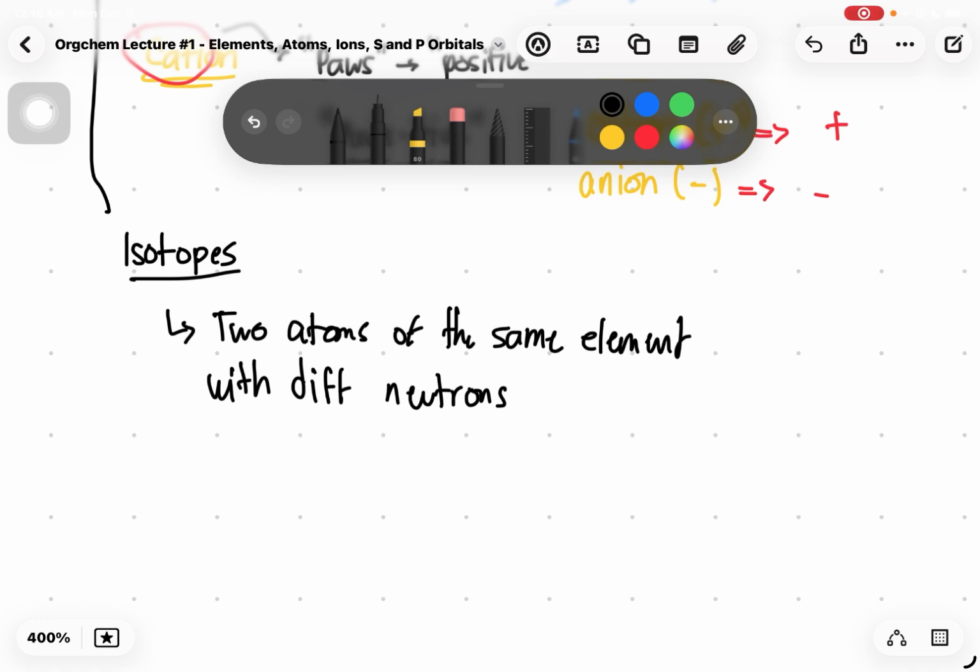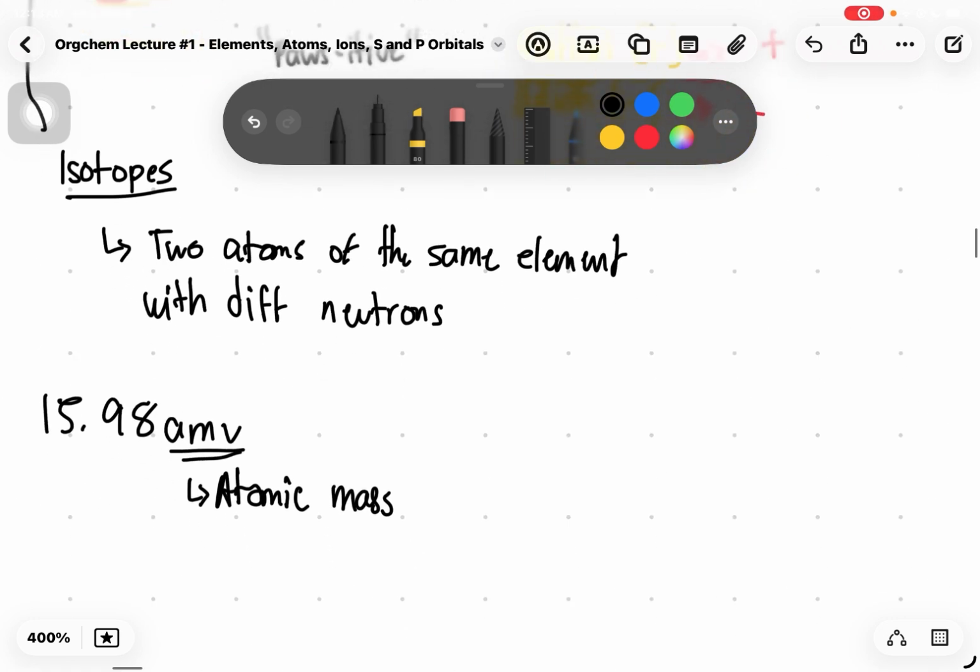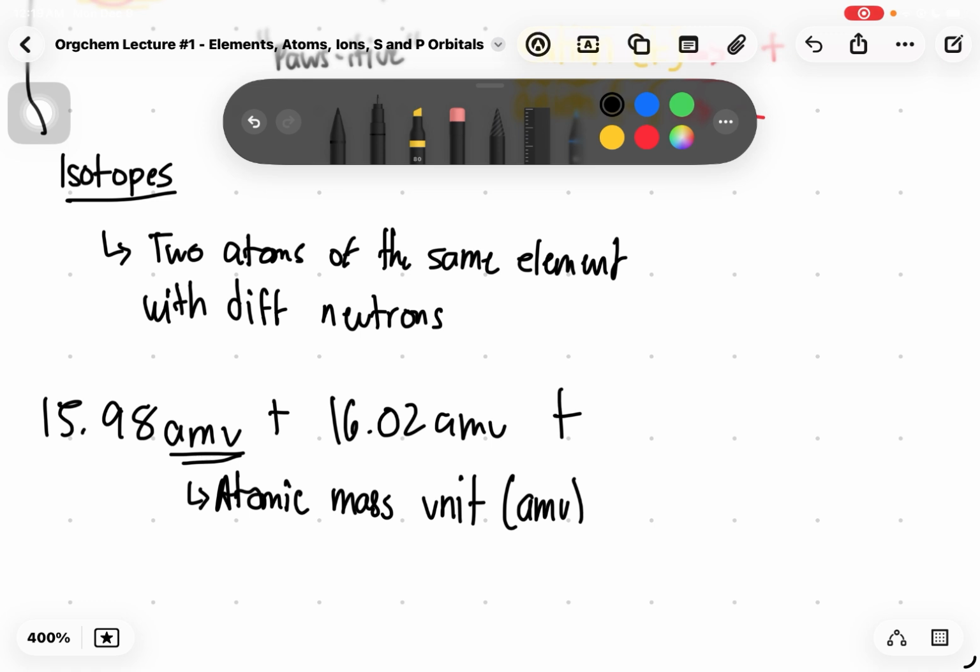So let's say you could have 15.98 AMU. AMU is atomic mass units, and this is what we normally use as the unit to determine the atomic mass of an element. Okay, so let's say we have 15.98, 16.02. Let's say these are all isotopes of oxygen. 15.96 plus 16.04.